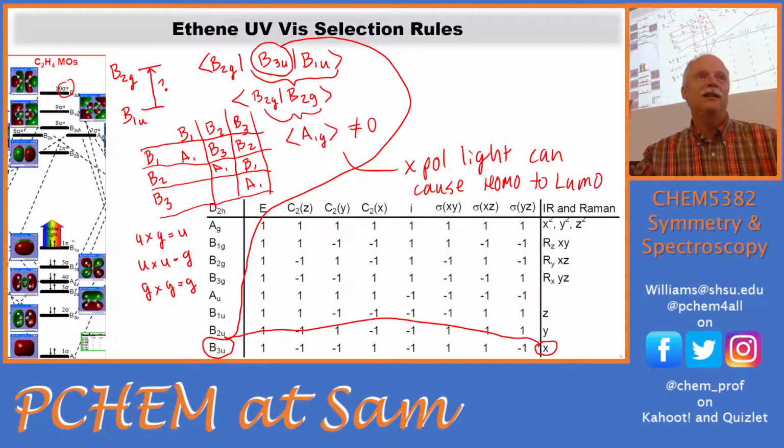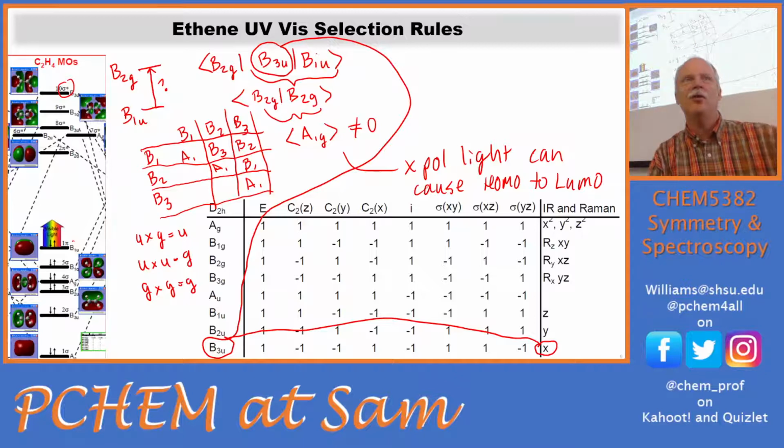They don't have to be, right? In vibration and rotation, one of those three things is A1 or top row. But in UV vis, a lot of people make mistakes. They'll write this thing out and put an A1 there just because they think that's always the case. It's not always the case. It is for vibration, it is for rotation, but not for UV vis.